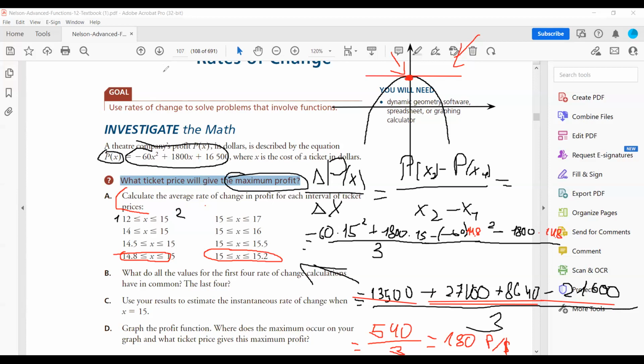Let's use the calculator to do so quickly. 14.8 times 14.8 times 60 would be 13,142.4, and 1,800 times 14.8 equals 26,640. Subtract 26,640.